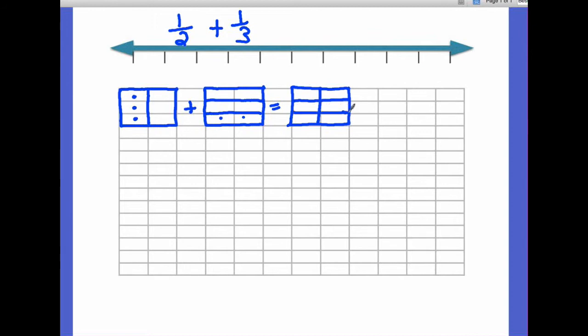How many dots did I have in the first one? Jessica? 3. So I'm going to come over to this. I'm going to put 3 dots. And how many dots did I have in the second? 2. So I'm going to put 2 dots.